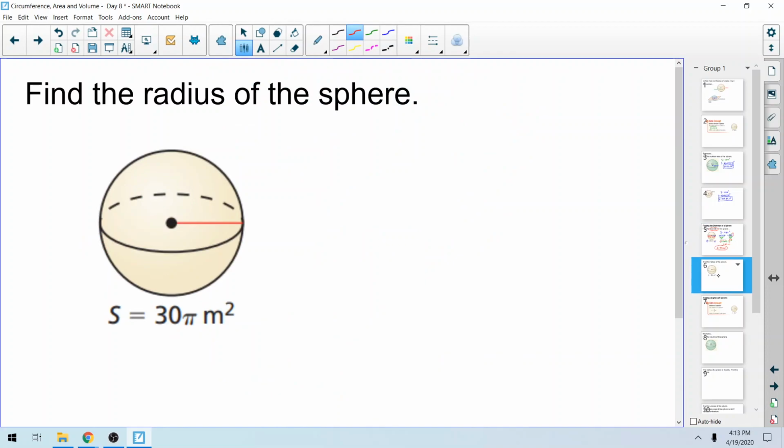Next one, find the radius of the sphere if the surface area is 30 pi meters squared. So same idea, except instead of finding the diameter, we want to find the radius this time. So surface area of a sphere is 4 pi r squared. Surface area, they told us, was 30 pi, so I'm going to substitute in 30 pi equals.